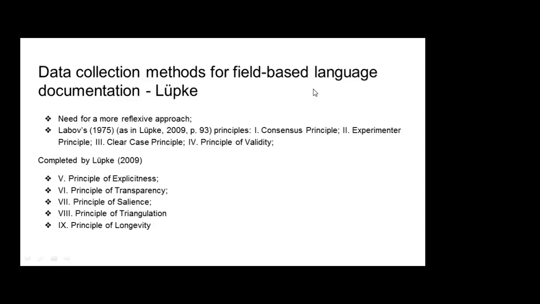As a completion of the triangulation, there can be comparison of data on that particular topic. According to Lübke, this principle can serve as a good litmus paper or as a verification of the data collection.